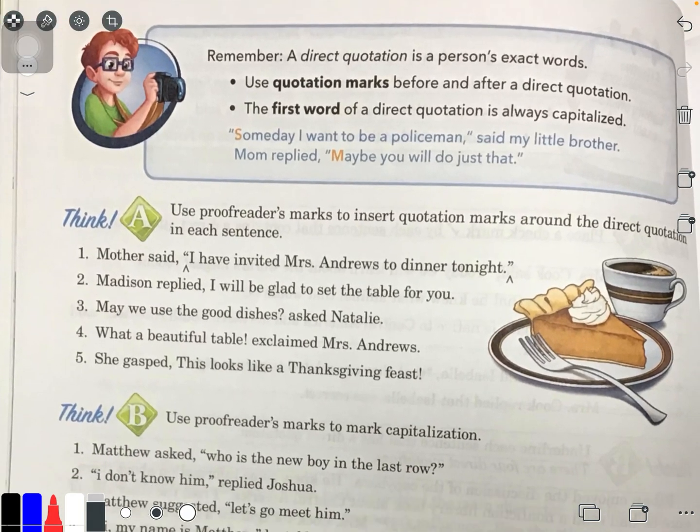It says, use proofreader marks to insert quotation marks around the direct quotation in each sentence. Oh, look, they gave you an example already. Mother said, "I have invited Mrs. Andrews to dinner tonight." I believe this should be easy because a while ago we had dialogue tags as spelling words.